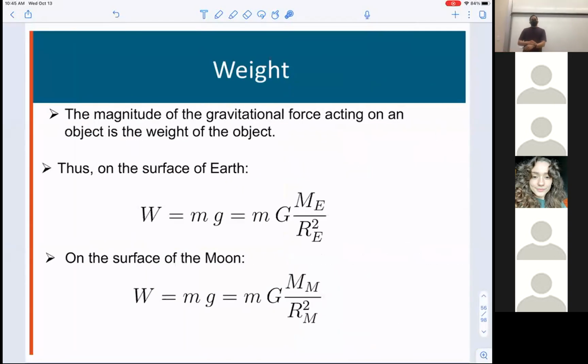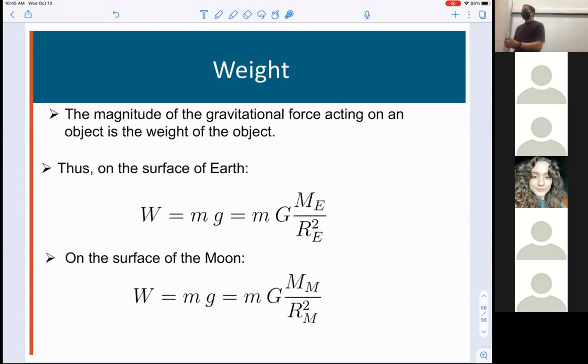Finally, let me introduce the concept of weight. When we say something weighs something, what does that actually mean? What it actually means is the gravitational force due to the Earth on that object, or due to whatever planet it's on. So weight in SI units has units of newtons.